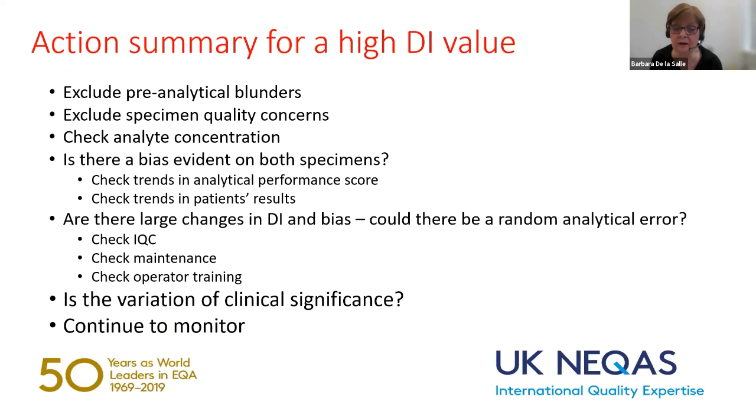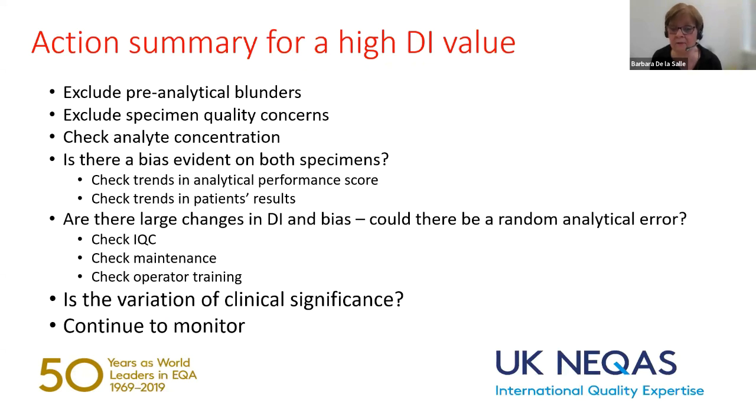Again, for a high DI value, look at the analytical blunders, exclude specimen quality concerns, and particularly check the analyte concentration. A frequent problem, especially with platelets, is that if we have a low platelet concentration, it becomes far harder to get a good deviation index. The main reason for that is the platelet count.